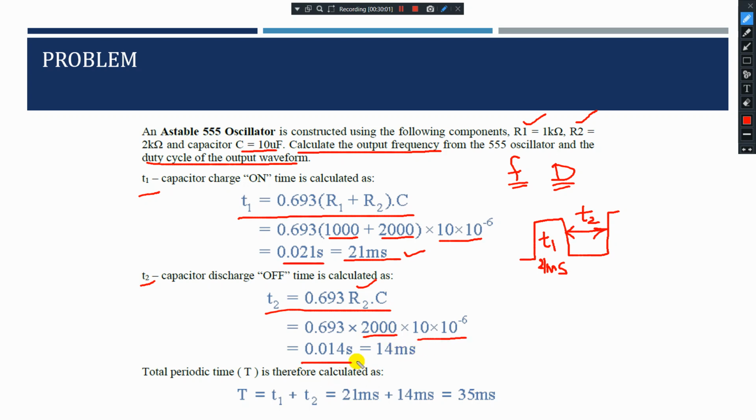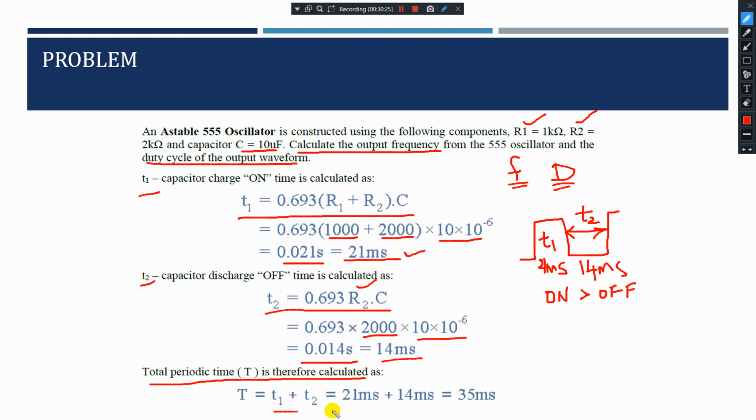So you'll be getting 0.014 second, that's nothing but 14 milliseconds. So it will be 14 milliseconds off. So the on period will be greater than your off period as per this formula and the data they have given.